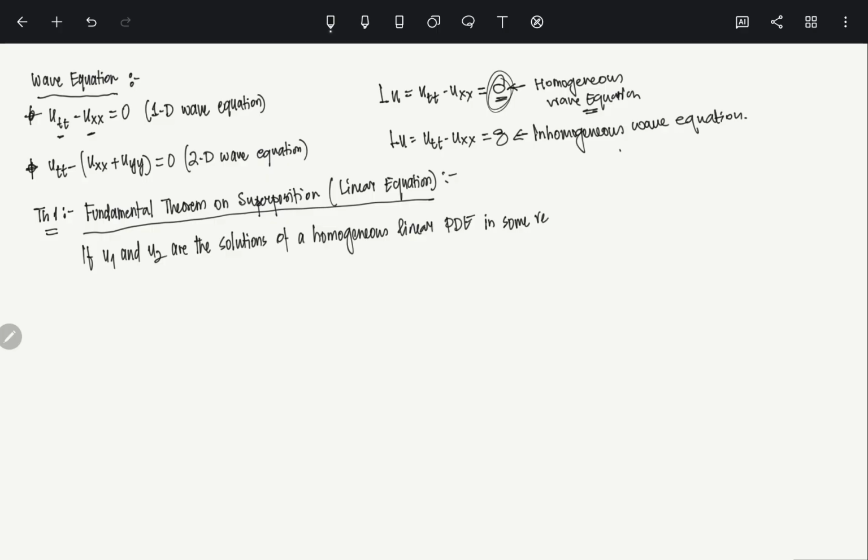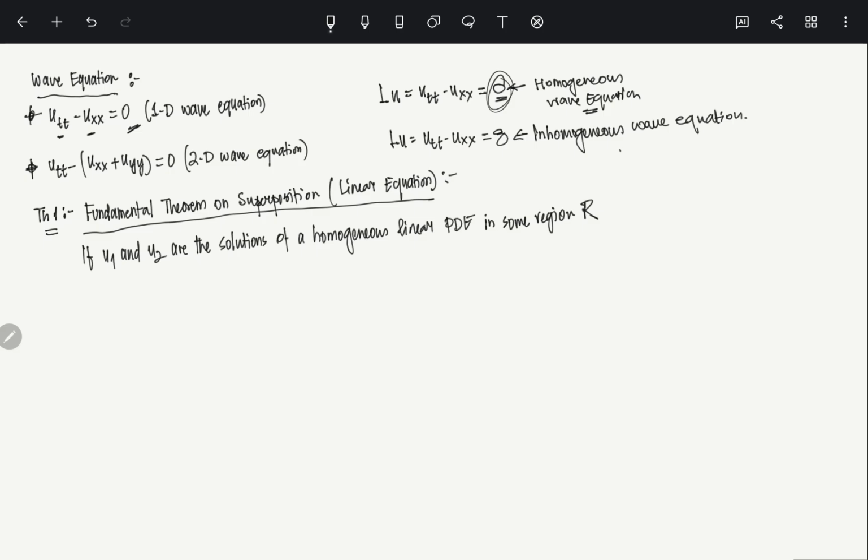As I told you, I'm not going to specify right now where this region is. I will come to that later. Let's say there is some region R, maybe in R2 or R3, it depends on the problem.